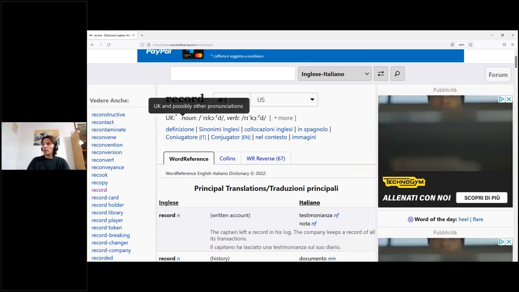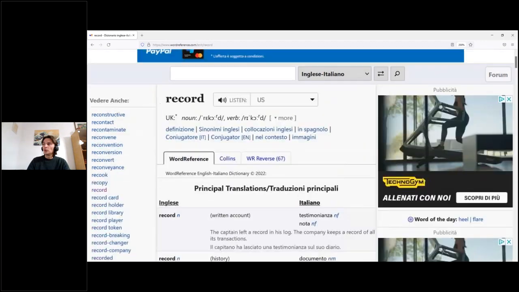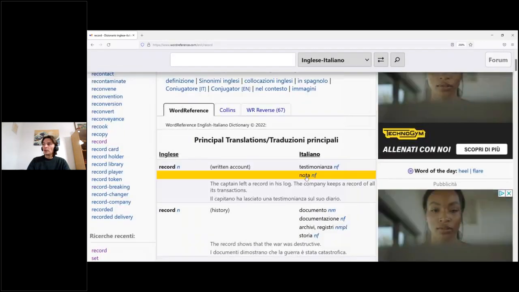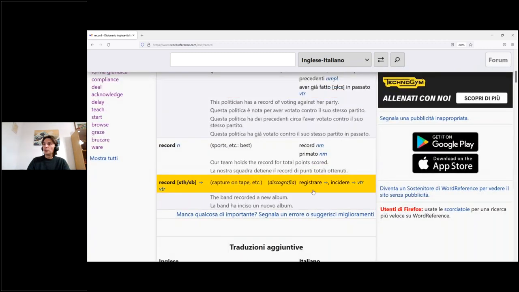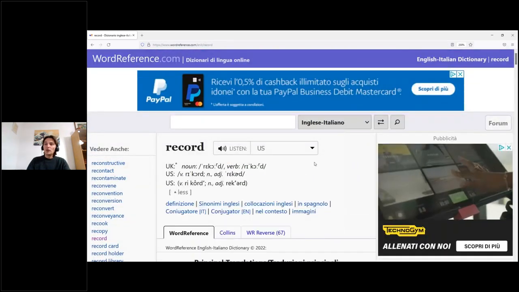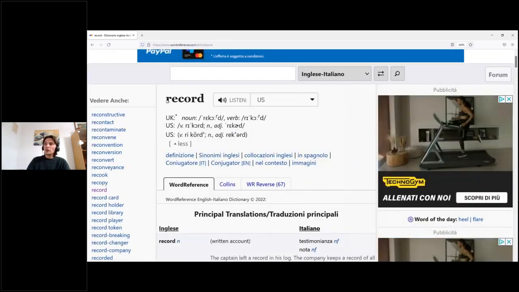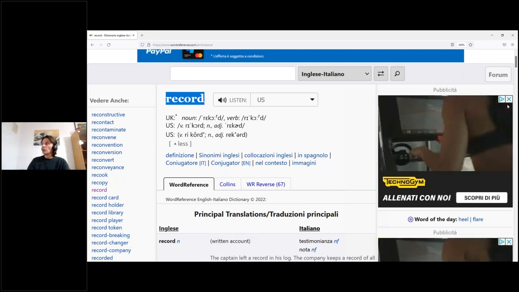However, there are two ways to pronounce this word. Record means a document, or if it's a verb, it means registrare, incidere, in discografia. So what is the difference? The difference is the way we pronounce these words.